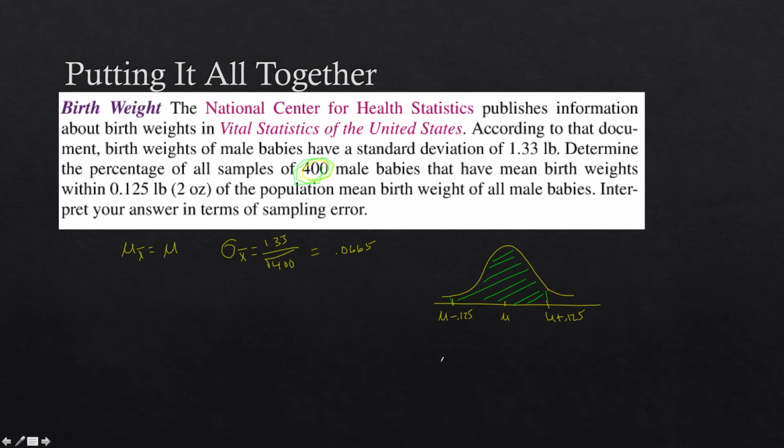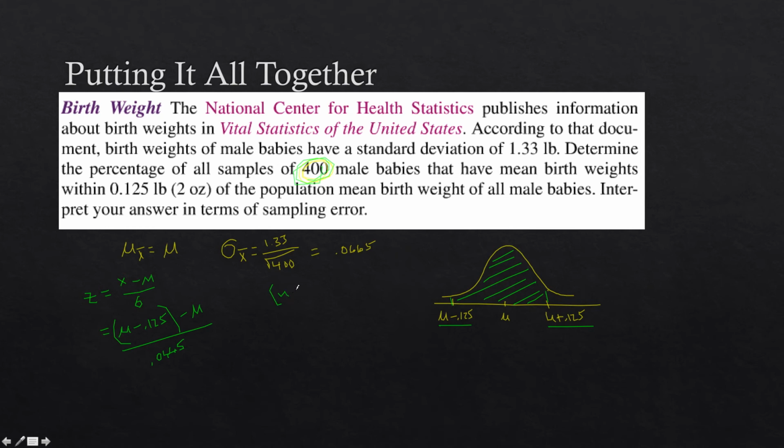We have to change our values to z-scores. Our z-score is our x value minus the mean, over the standard deviation. In this case, my x value is mu minus 0.125, minus mu, all over our standard deviation, 0.0665.